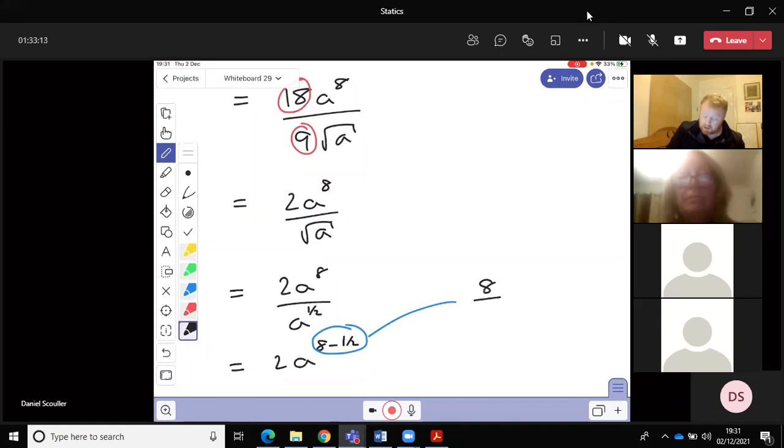So 8 is essentially 8 over 1, minus a half. If we do our kiss smile, that's 16 minus 1, which is 15 over 2.